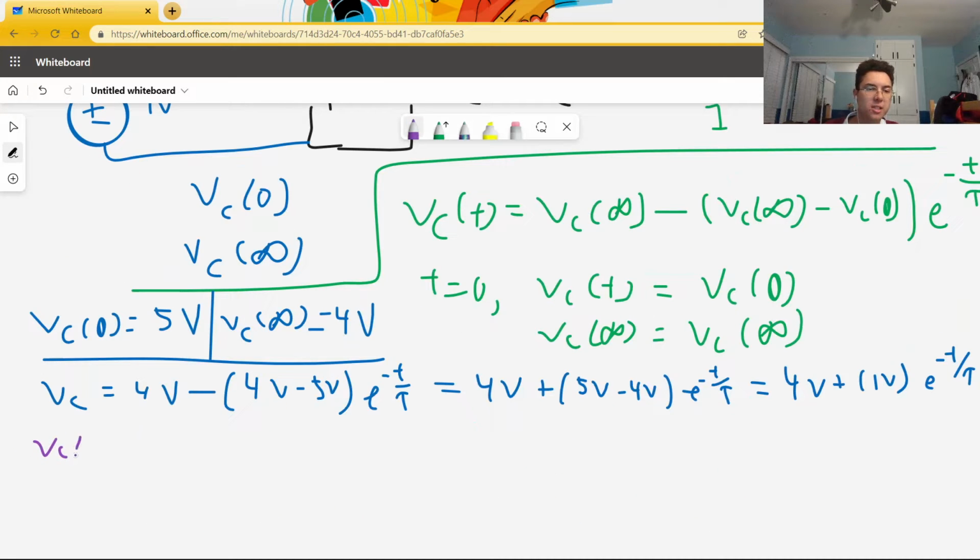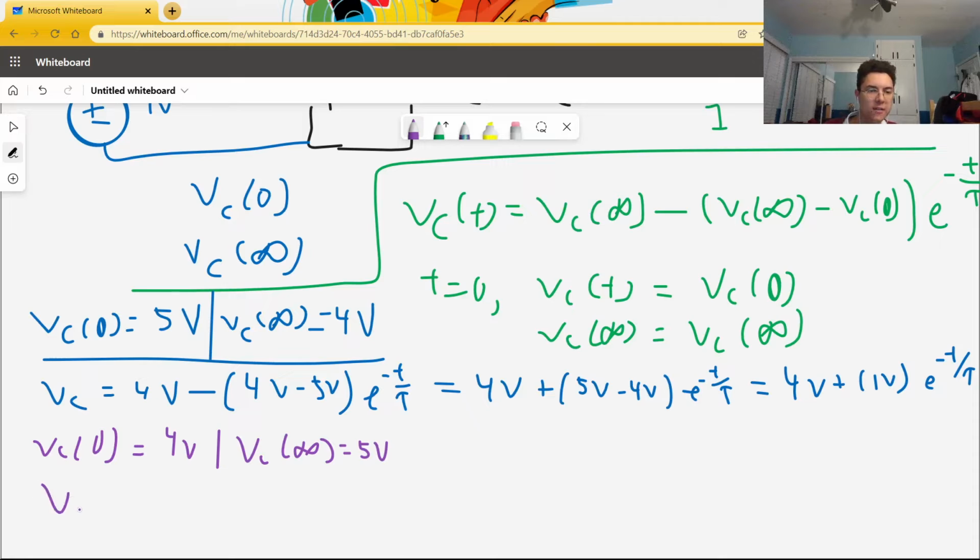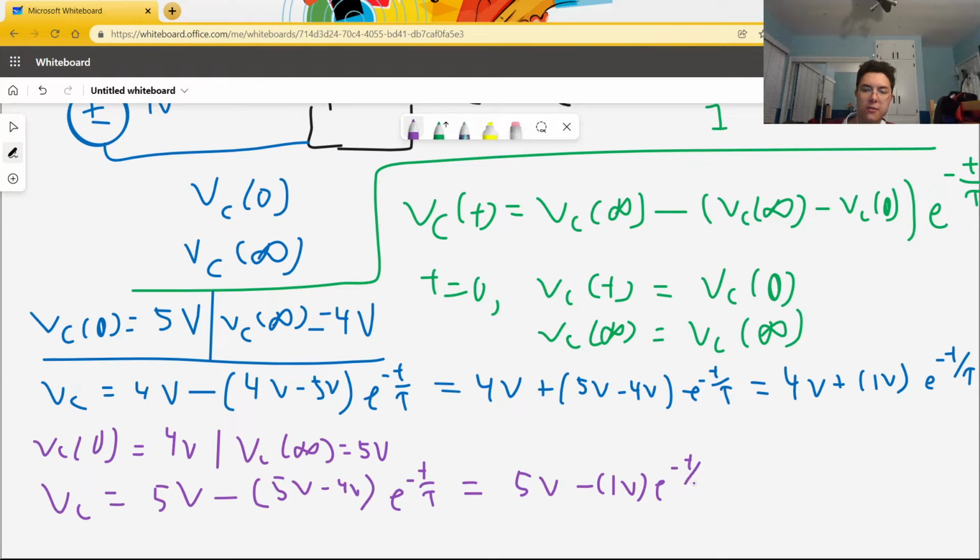Suppose we have the opposite scenario where Vc0 equals 4 volts and Vc at infinity equals 5 volts. Then Vc equals 5 volts, the voltage at infinity, minus the quantity 5 volts minus 4 volts times e to the negative t over tau. This is equal to 5 volts minus 1 volt e to the negative t over tau.